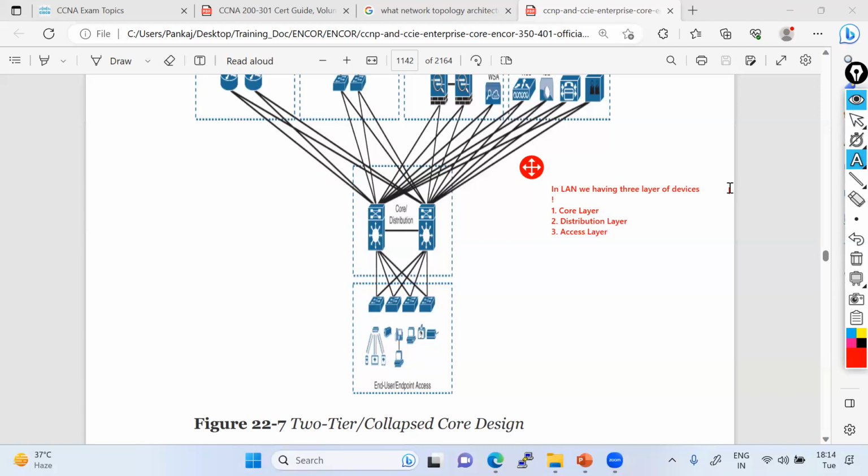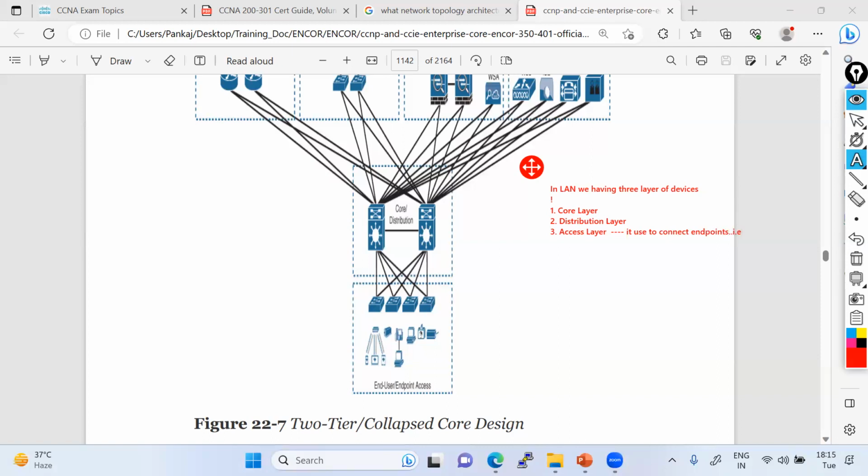You just have to understand why we use the access layer. The access layer is basically used to connect endpoints. And what are the endpoints?